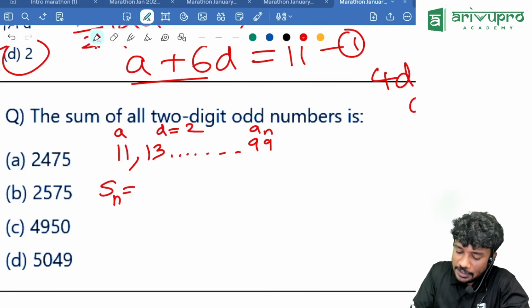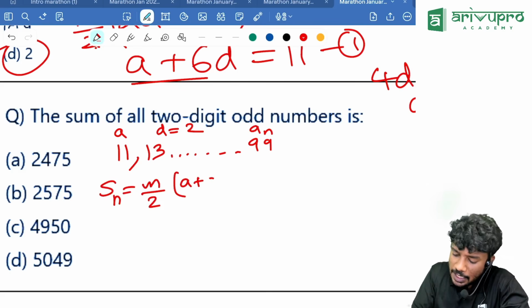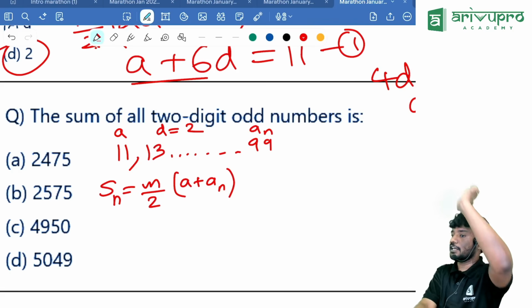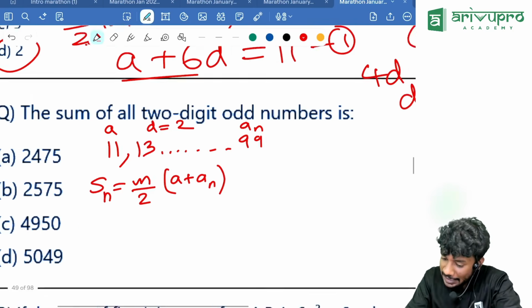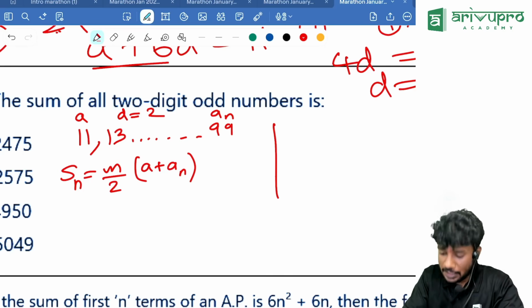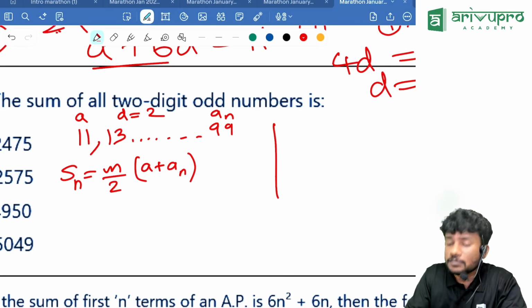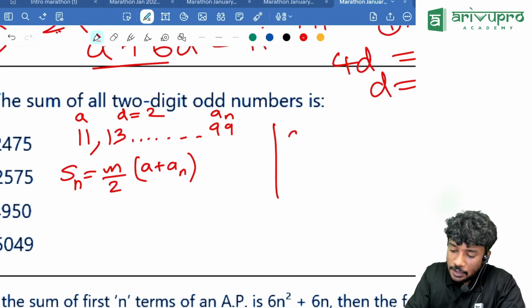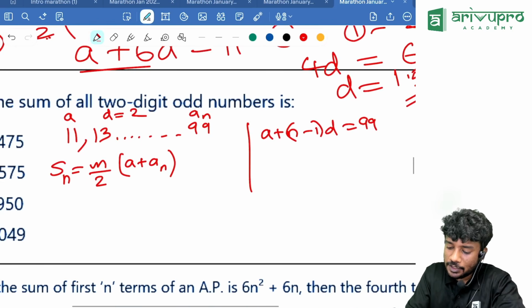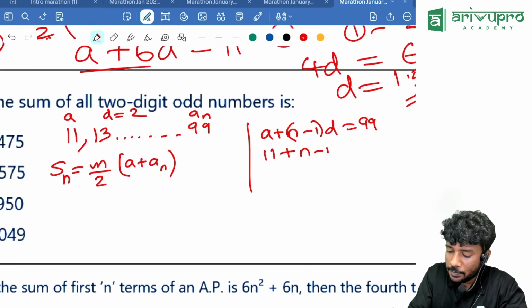Now we need to find Sn. Sn is n by 2 into a plus an, because we have a and we have the an value. But do you have the n value? How will you find the n value? It is very easy to find. a plus n minus 1 into d is equal to an, that is 99. a is 11, so 11 plus n minus 1 into 2 is equal to 99.